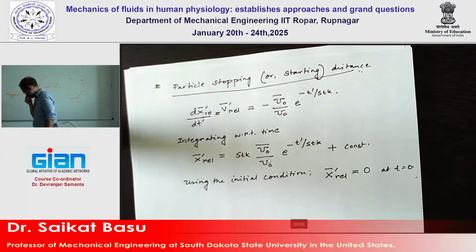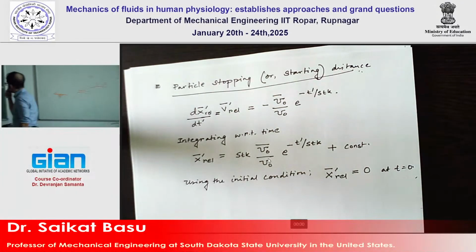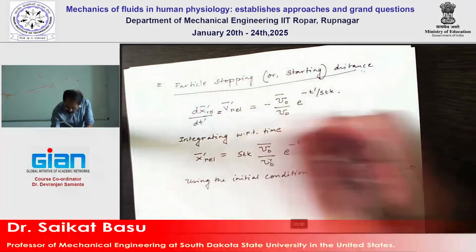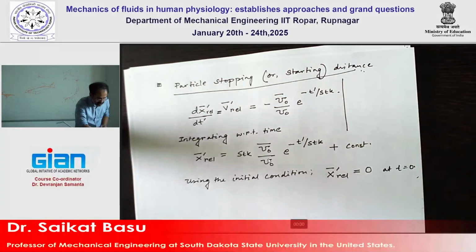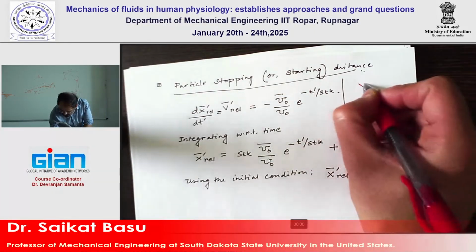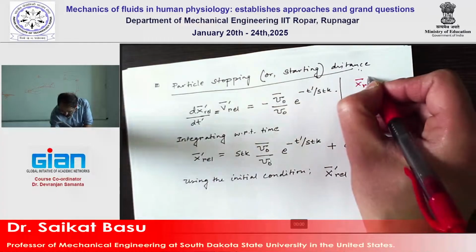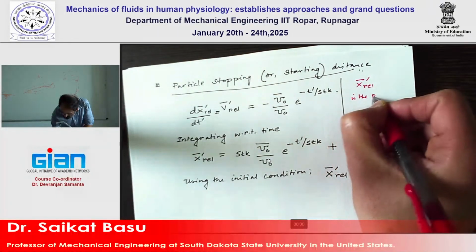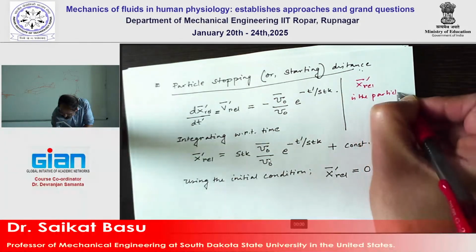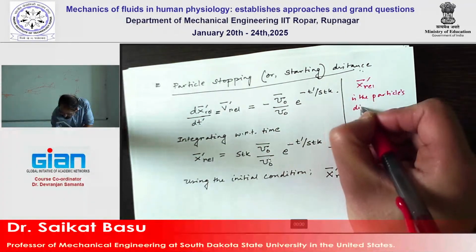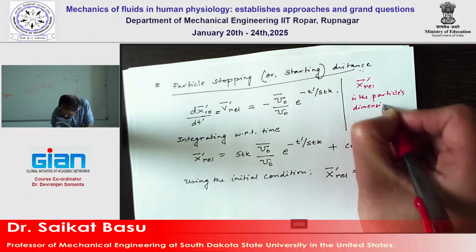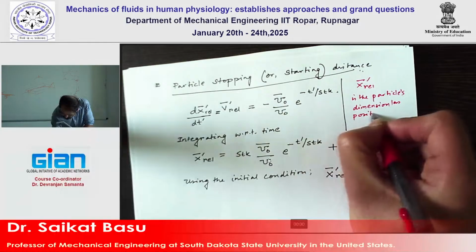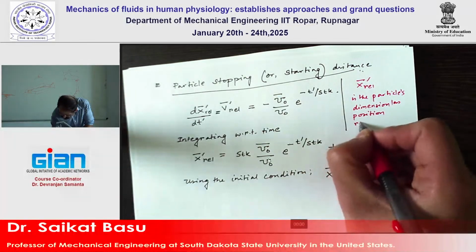So what does this imply? So what is this particular term that I have defined? So x bar relative non-dimensionalized is the particle's dimensionless position relative to a fluid particle, right?